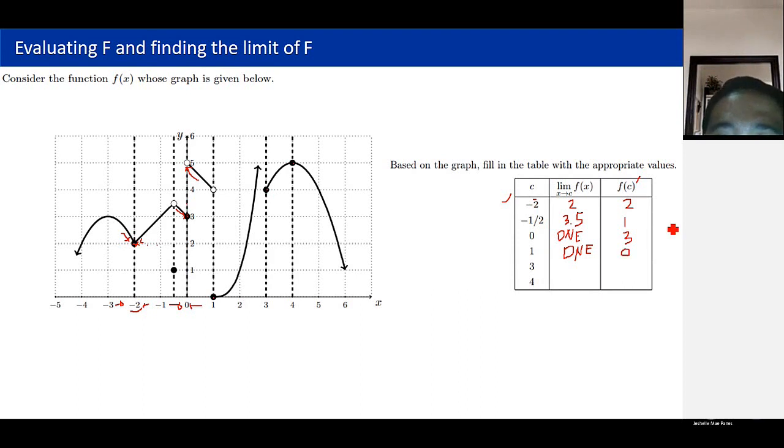Next, limit of f of x as x goes to 3. So, from the left of 3, ang makikita natin ay yung graph na ito. And this one is approaching to positive infinity.